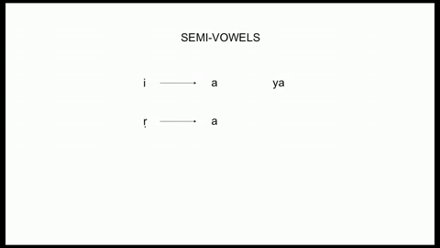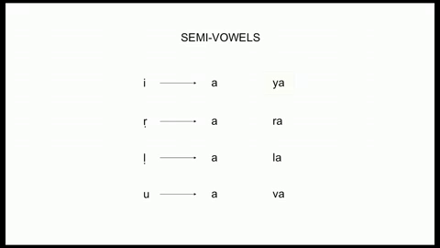Similarly, ṛ to a gives us ra. Ḷ to a gives us la. And finally, u to a gives us va, which is sometimes pronounced by rounding the lips as in Swami.